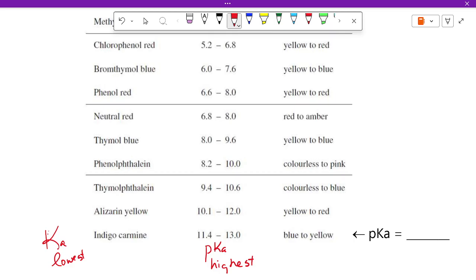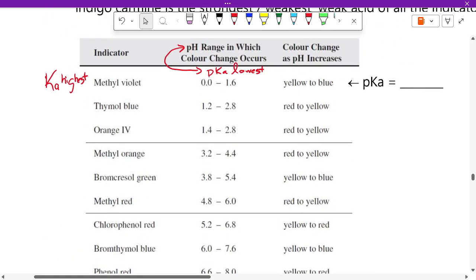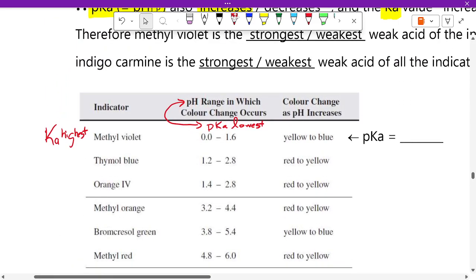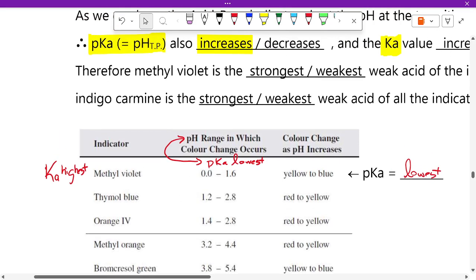So down here, the pKa is the highest, and up here, the pKa is the lowest. So methyl violet is the strongest or weakest? It is the strongest weak acid. And indigo carmine, which is way down at the bottom.